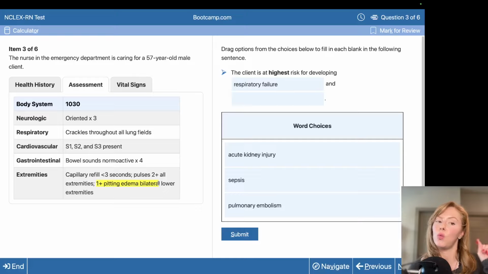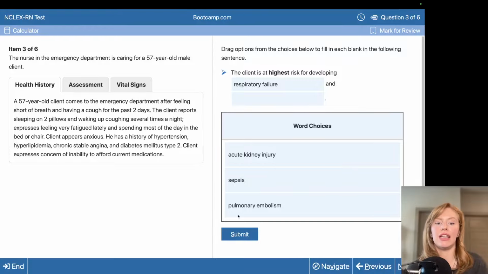If we had it in just one lower extremity, that might make us think he has a DVT, which would be a risk for a PE. So although he is at risk for all of these things, he's been immobile, so he's at risk for a DVT. He obviously is hospitalized or going to be, so he's at risk for infection just because we're touching him.